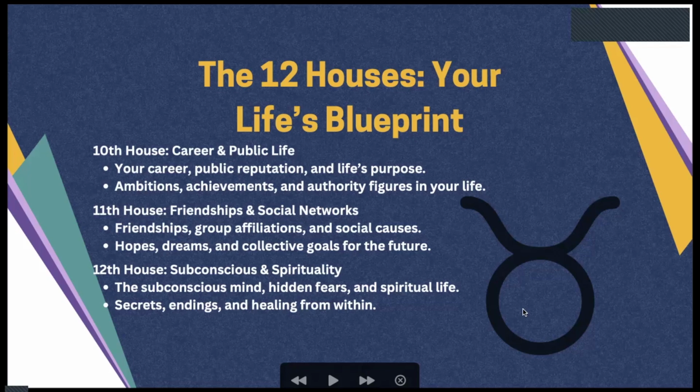Okay. Hopes, dreams, collective goals for the future. Emphasis on collective goals. Once you get past the 7th house to the 12th house, it's all about other people. So hopes, dreams, benefactors, networking. Right?